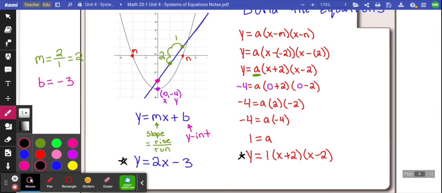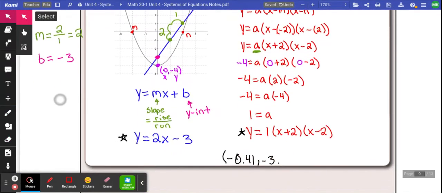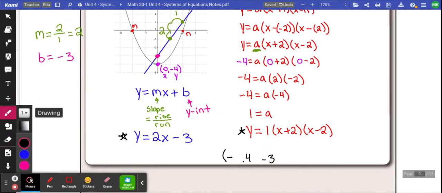The first answer I got was at negative 0.41, comma, negative 3.8. Oh, it said round to the nearest 10th, didn't it? Yeah, nearest 10th. So negative 0.4, comma, negative 3.8.